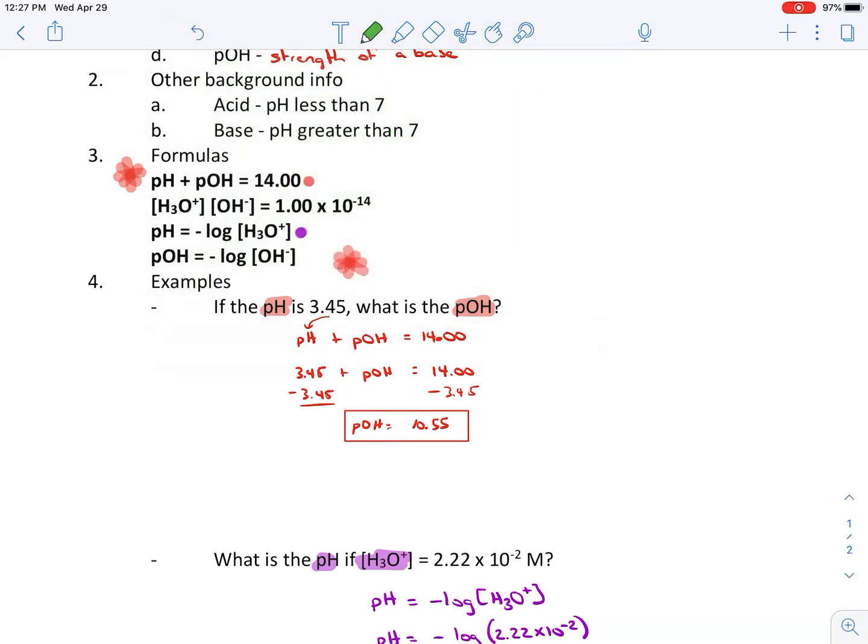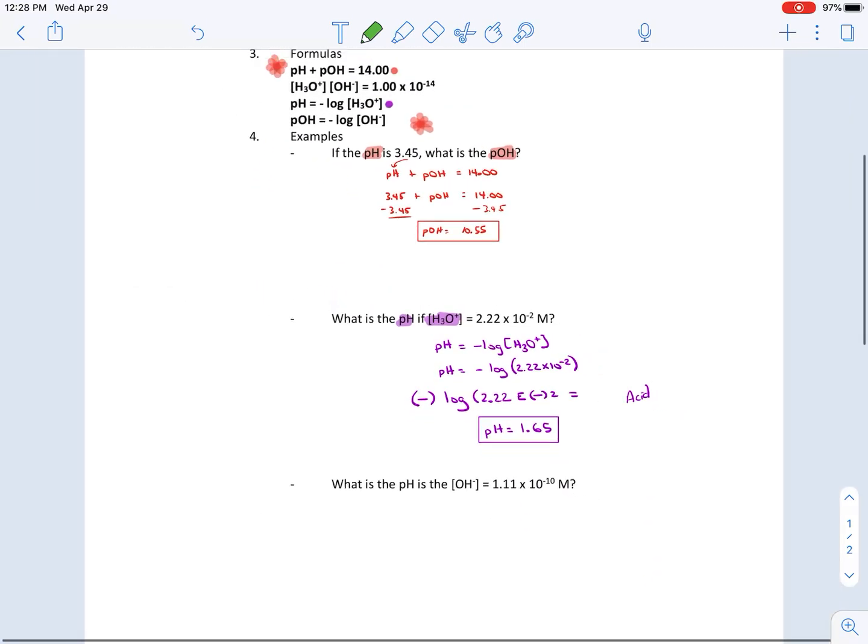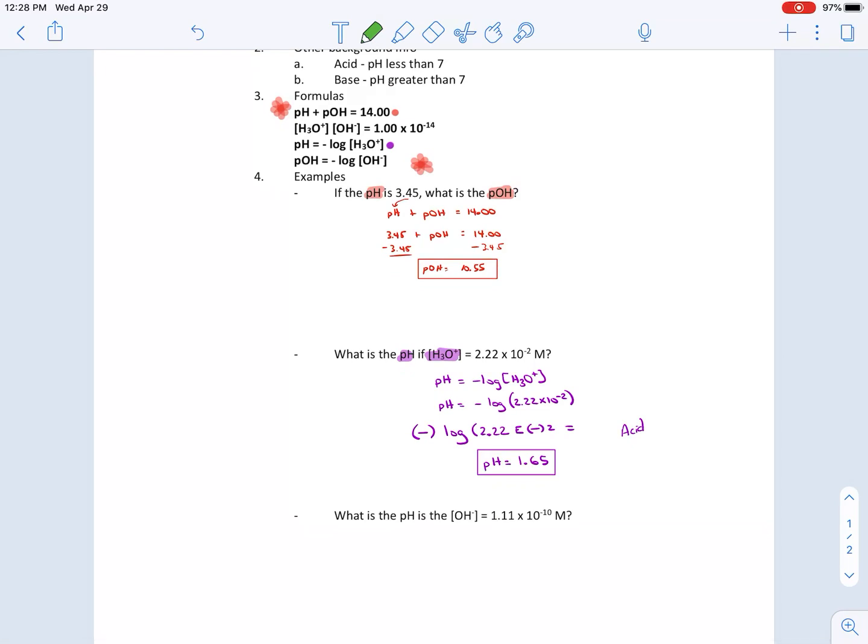All right. Let's do the last question there. We're going to have to make this somewhat small. Okay, there we go. Now, this one is actually a 2-stepper, but I think we can handle it. It says, what is the pH if the OH is 1.11 times 10 to the negative 10th?